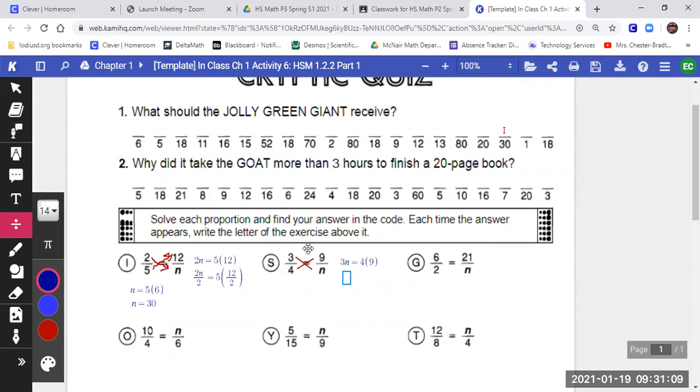Then I look at it. I need the n alone. What's with the n that needs to go? The 3. Just like over here, we had a 2 that needed to go. So what did I do to make the 2 leave?